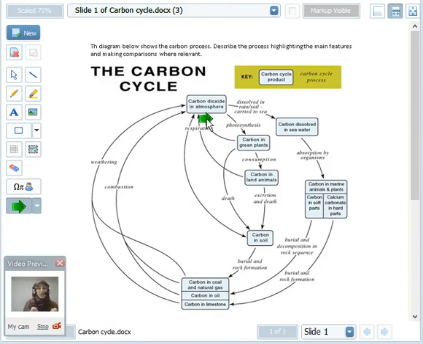This is ultimately what they are looking for. And then what did I put? I put "carbon is then released into the environment and enables the process of photosynthesis." Carbon dioxide in the atmosphere enables the process of photosynthesis.